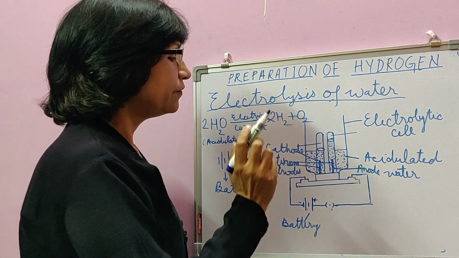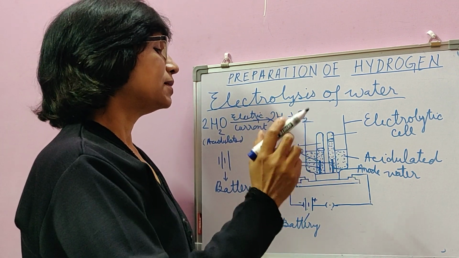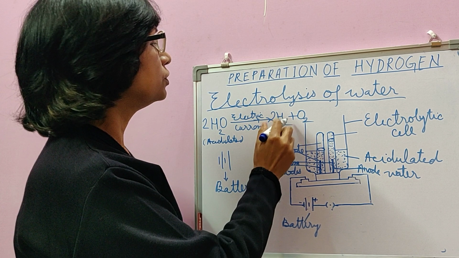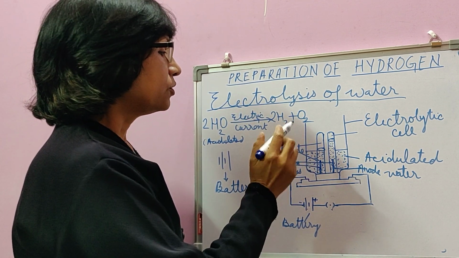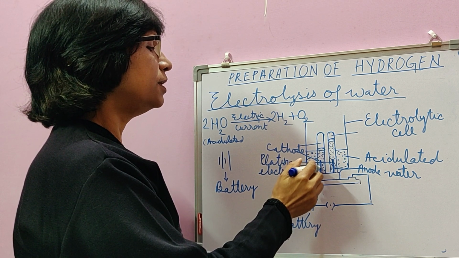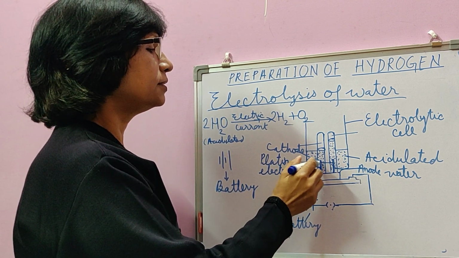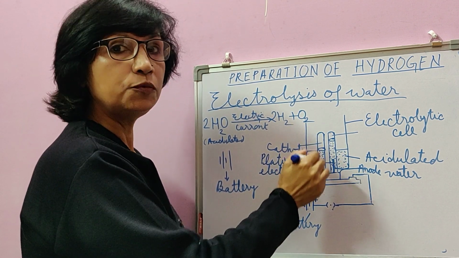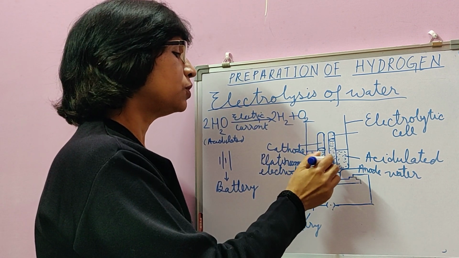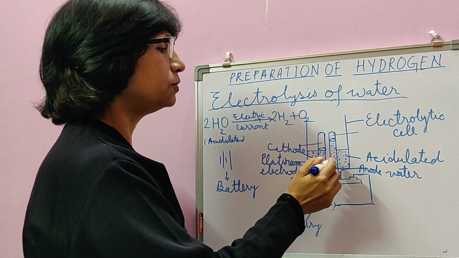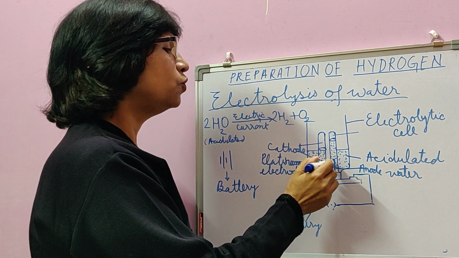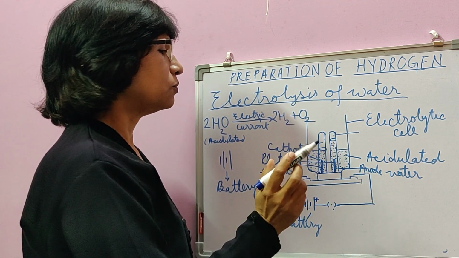So these were filled fully, but when current passes and water molecule decomposes to give hydrogen and oxygen, then at cathode hydrogen gets deposited, and being a gas, it rises up and water moves down. Same about the oxygen. When oxygen is produced, oxygen gets deposited at anode, and when it moves up, then water moves down.